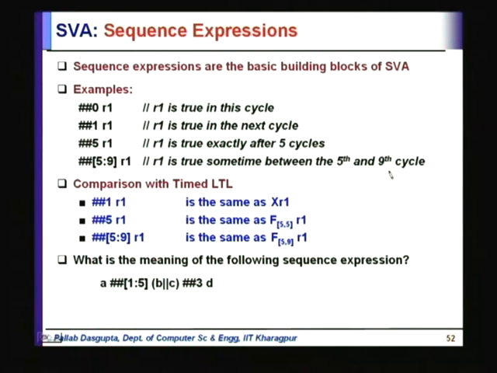So, you see the similarity with the time delay operators: #1 R1 is the same as X R1 that we saw in LTL, #5 R1 is the same as F5 R1, and #5:9 R1 is the same as F5-9 R1, right. What is the meaning of the following sequence expression?